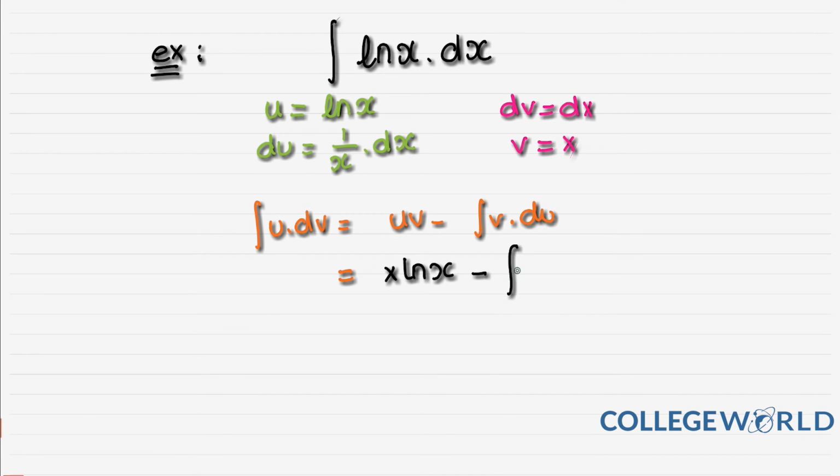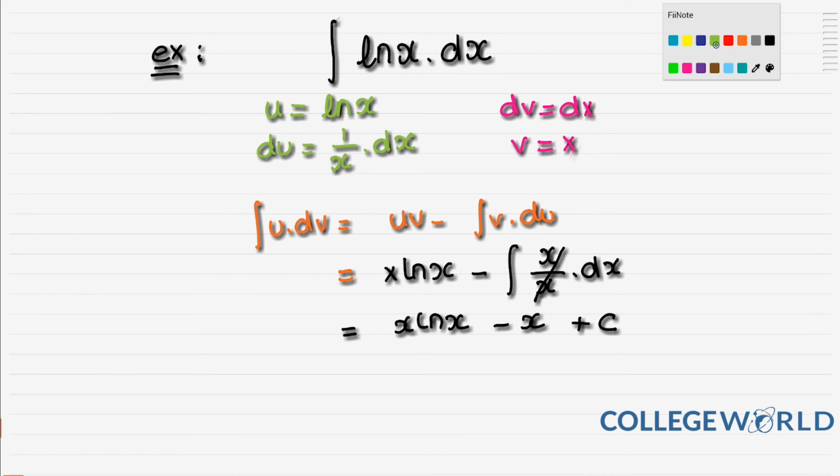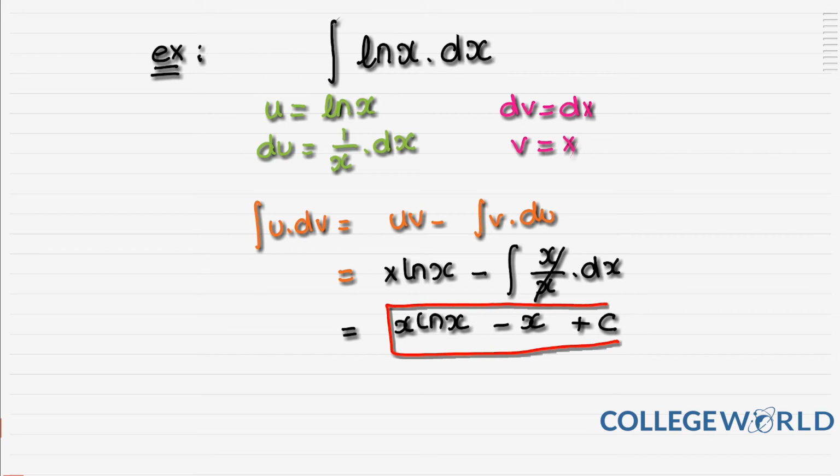So this is going to be x over x dx, which is 1 actually, and this is going to be x ln x minus x plus c. This integration is actually very important, and it comes really often, so you can actually memorize it. But in the exam, I'd rather you solve it out, and memorize it for shortcuts. The integral of ln x is ln x times x minus x, and never forget your plus c.